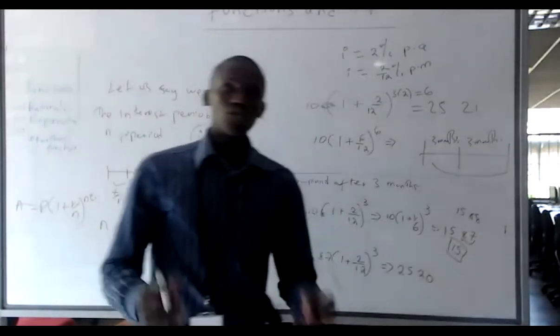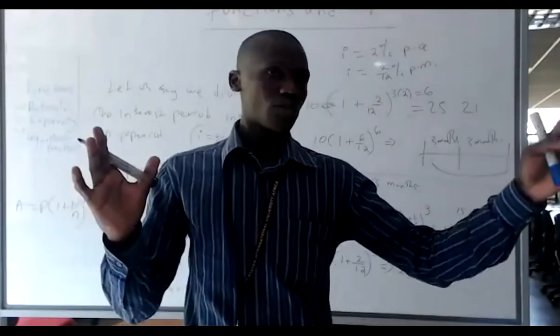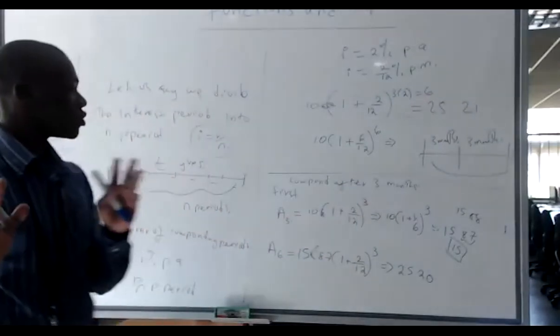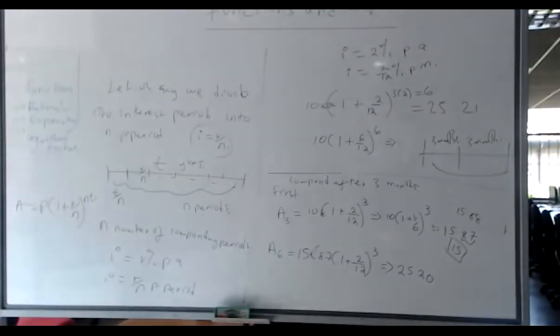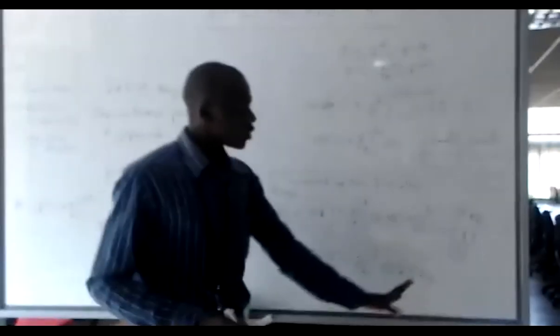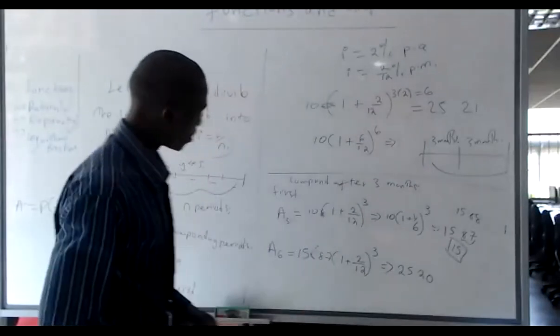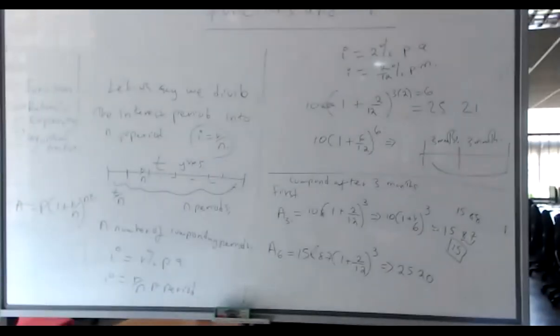To truncate means to ignore. So don't truncate, you round off, unless you're told otherwise. Always give your answer to 2 decimal places. Any other question?